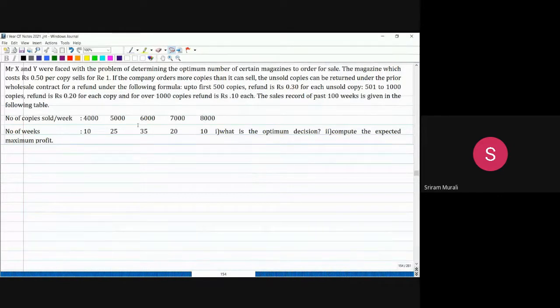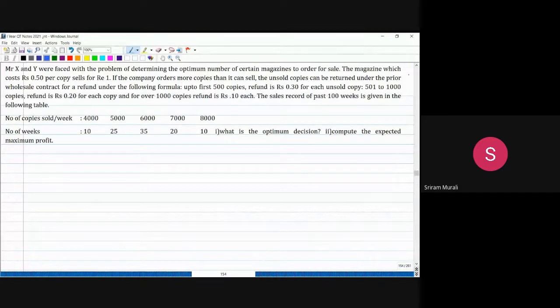First read the question. Here there is a loss given. Mr. X and Y were faced with the problem of finding the optimum number of some magazines to be ordered for sale. Magazine cost is 0.5, selling price is 1 rupee. Company orders more copies than it sells. So they are getting more copies than it demands.